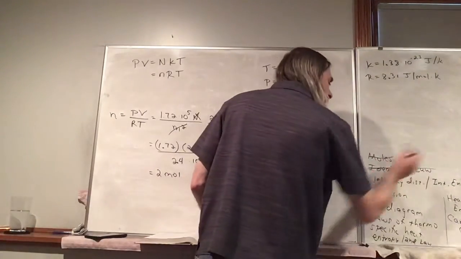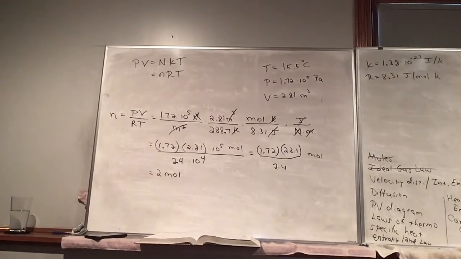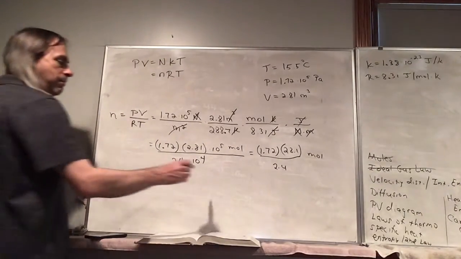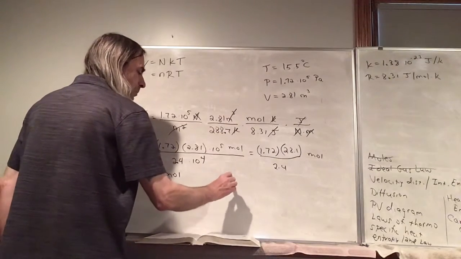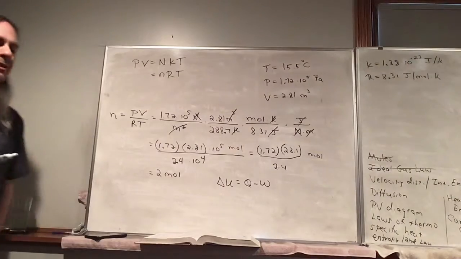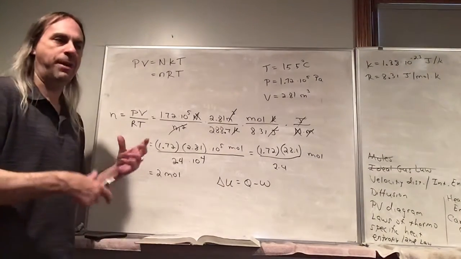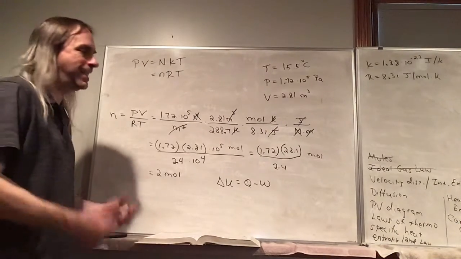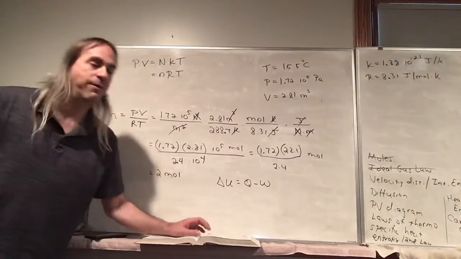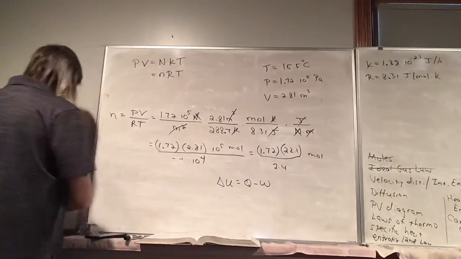Let's kind of skip velocity distribution. We'll talk about internal energy. So again, the energy of a system, that's just the energy of the parts of the system that we can't see. You know, like molecules are moving around, they have energy, but again, like here's a glass of water.